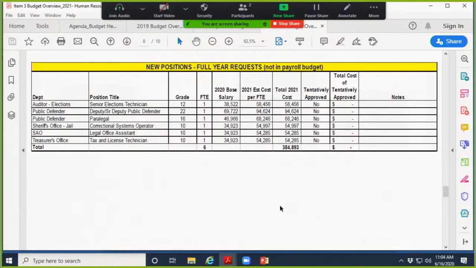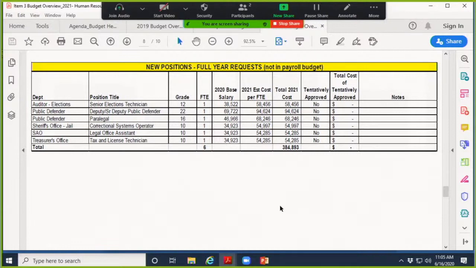Commissioner Karski. I'm going to have a little different opinion on that. I agree with the auditor position, the election position. I would be more in favor of, for example, the public defender and the state's attorney's office requests for assistance, paralegals, that type of thing.